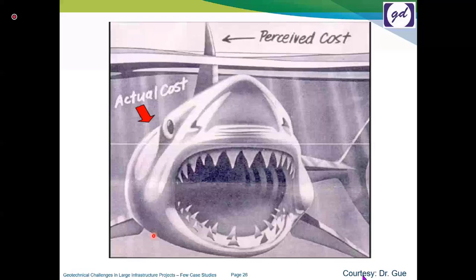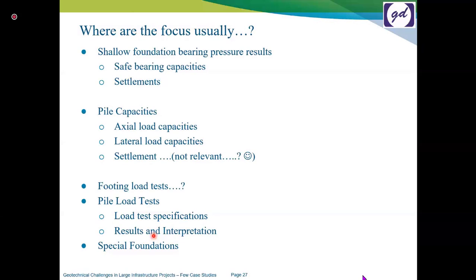It is not a problem with the, let's say, the estimation. It is a problem with the limited data which has been used for preparation of the project budgets. So anyway, the focus for designs most of the time has to be on safe bearing capacities and settlement recommendations.